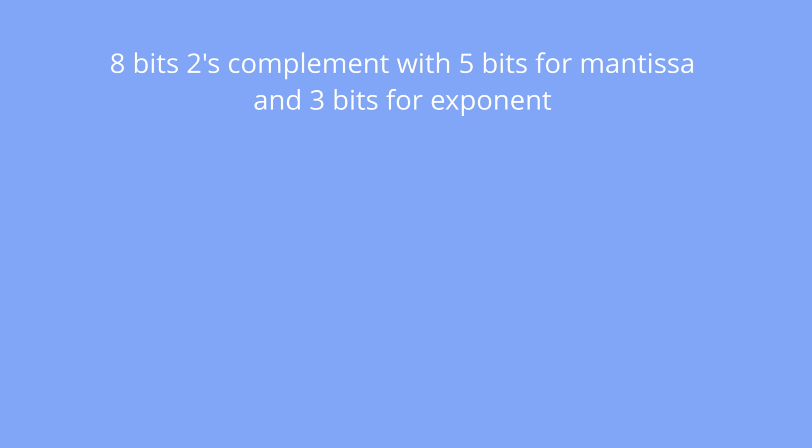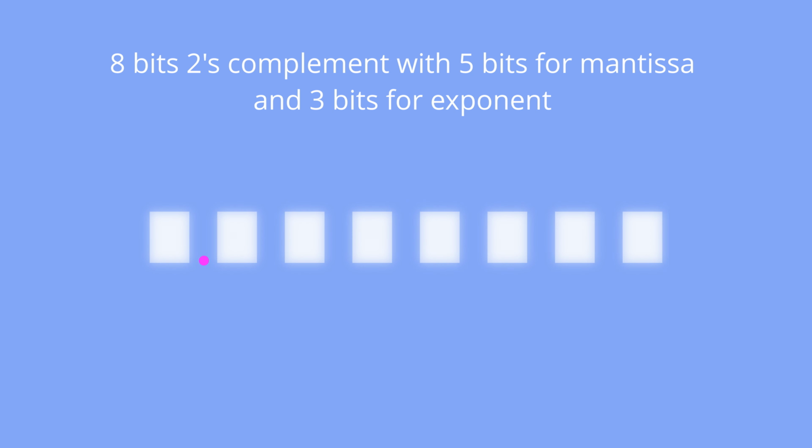In the floating point binary notation, all bits are divided into two groups: mantissa bits and exponent bits. Let's consider an example of 2's complement notation with 8 bits in total, 5 for mantissa and 3 for exponent.